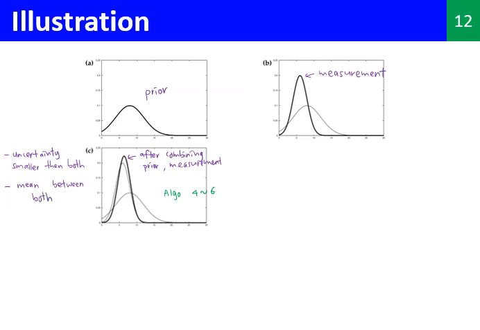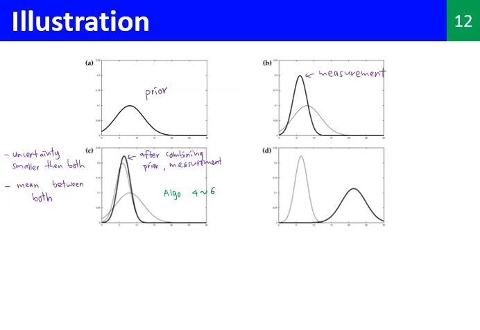Now if the robot moves to the right, the uncertainty will grow and the prediction step of the Kalman filter will give something like this Gaussian distribution.